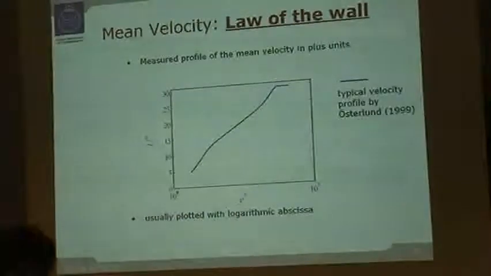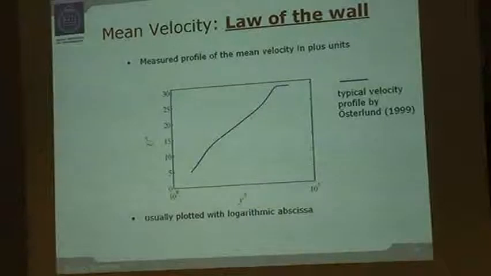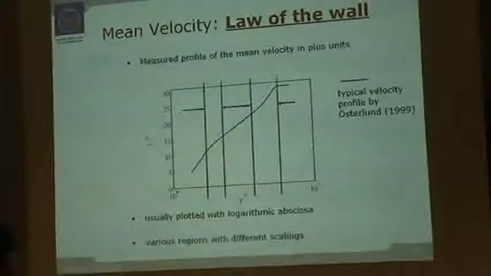So, now our idea is to use what we've learned before, essentially that viscosity is dominant close to the wall and maybe less dominating further away from the wall. We want to use this to come up with a description of such a curve.